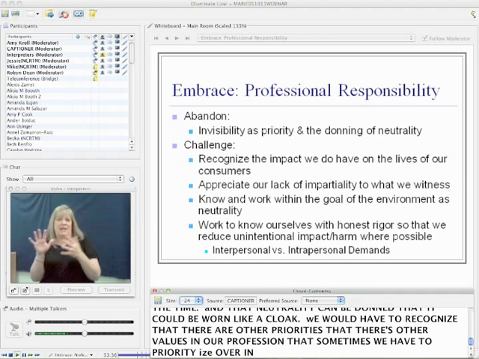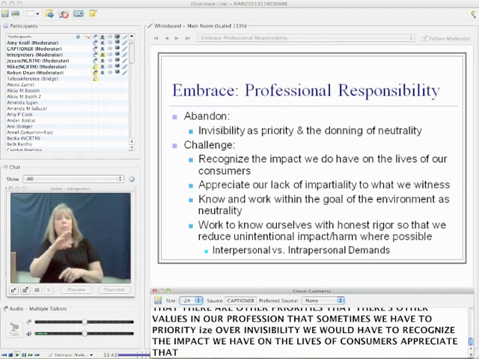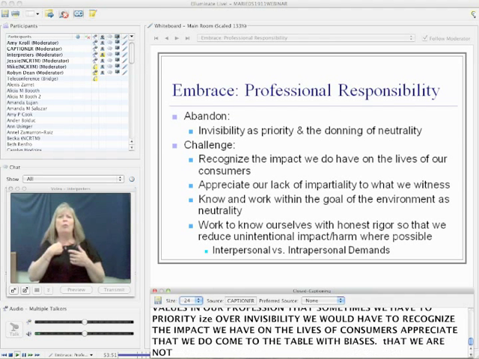We would have to recognize the impact we have on the lives of consumers, appreciate that we come to the table with biases, that we are not neutral, but that we have to work towards neutrality.